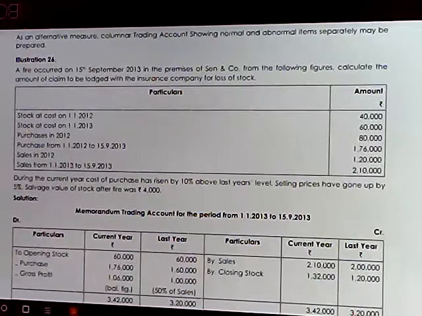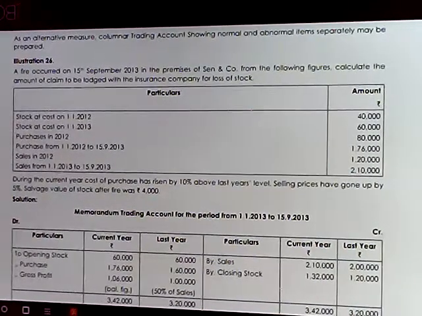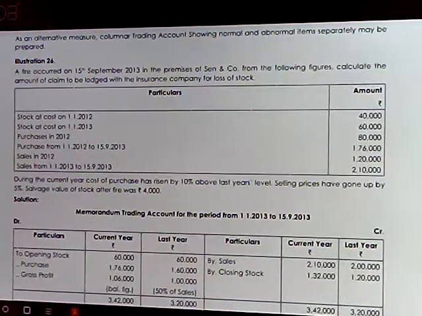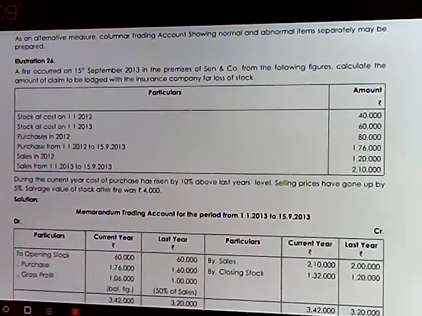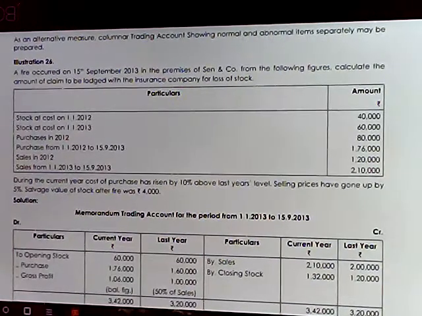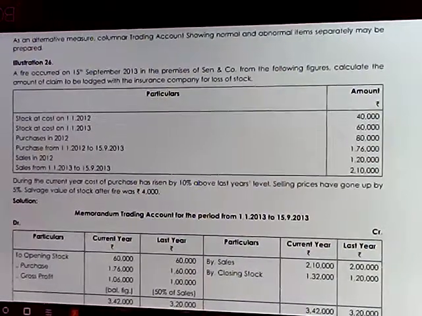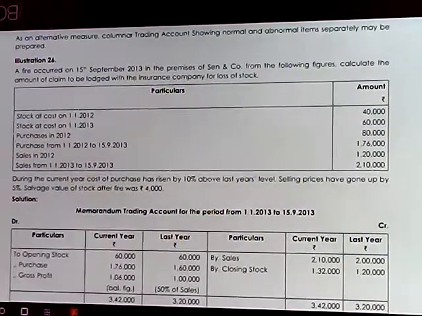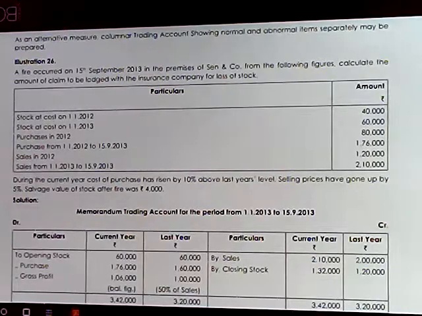So they have given you stock at cost on 1/1/2012 40,000, stock at cost on 1/1/2013 60,000, purchases in 2012 80,000, purchases from 1/1/2013 to 15/9/2013 which is 1,76,000, sales in 2012 1,20,000, sales from 1/1/2013 to 15/9/2013 is 2,10,000.